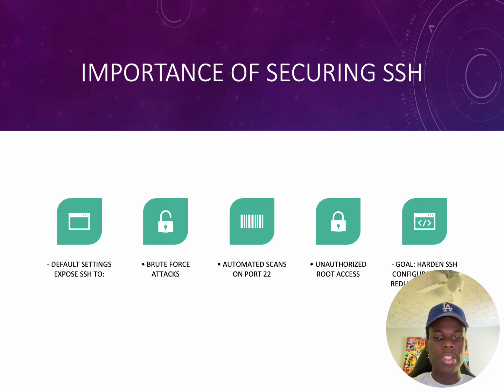Some of the common threats include brute force attacks, which are automated scripts trying to guess the password. Another issue is automated scans targeting the default port 22. Additionally, allowing root users to log in directly can compromise the entire service in case of unauthorized access. Our goal here is hardening SSH to reduce risks. This is the goal.